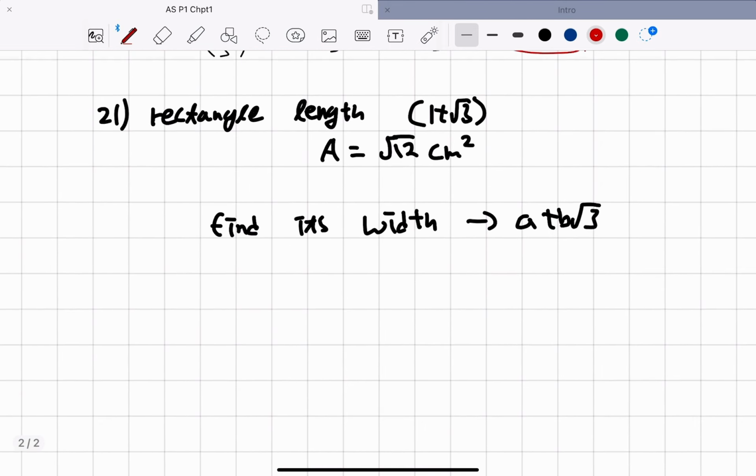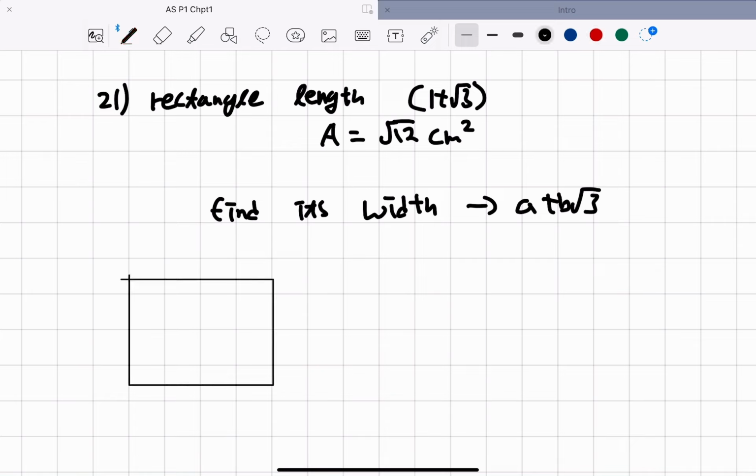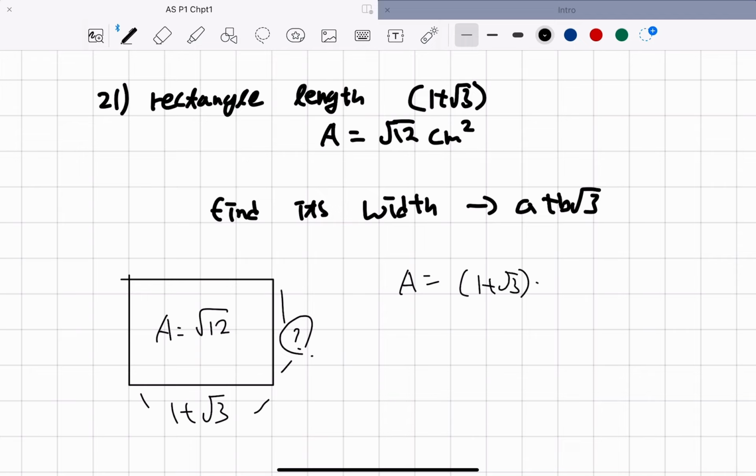And question 21, it's about a rectangle, length equals 1 plus square root of 3 and area equals square root of 12 square centimeters, and find its width in this form. Okay, so it's a simple rectangle. We know one length, which is 1 plus square root of 3, and we need to find the width. We know the area equals square root of 12, so we can make an equation. The rectangle area formula is length times width, which is 1 plus square root of 3 times something.